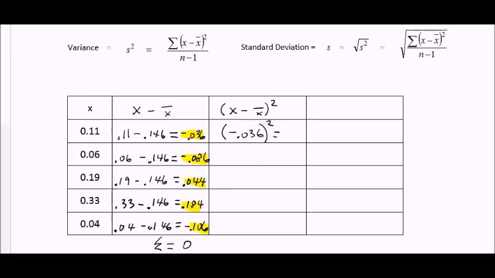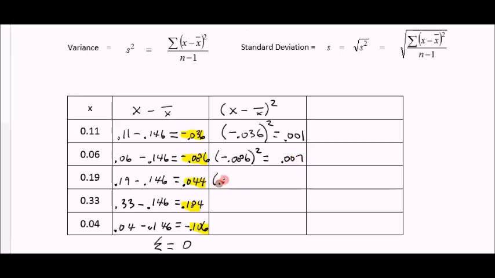If you do this in the calculator, be sure you put it in parentheses, because it's the negative that's being squared, not just the number, but negative 0.036. When you square that one, you get 0.001. And then we do this all down the line. We take negative 0.086 and square it, and that one's 0.007.